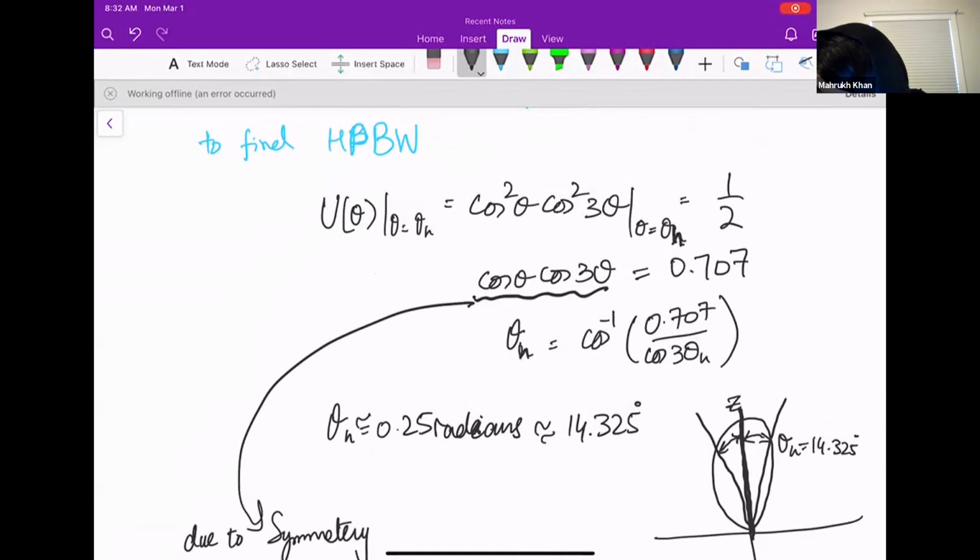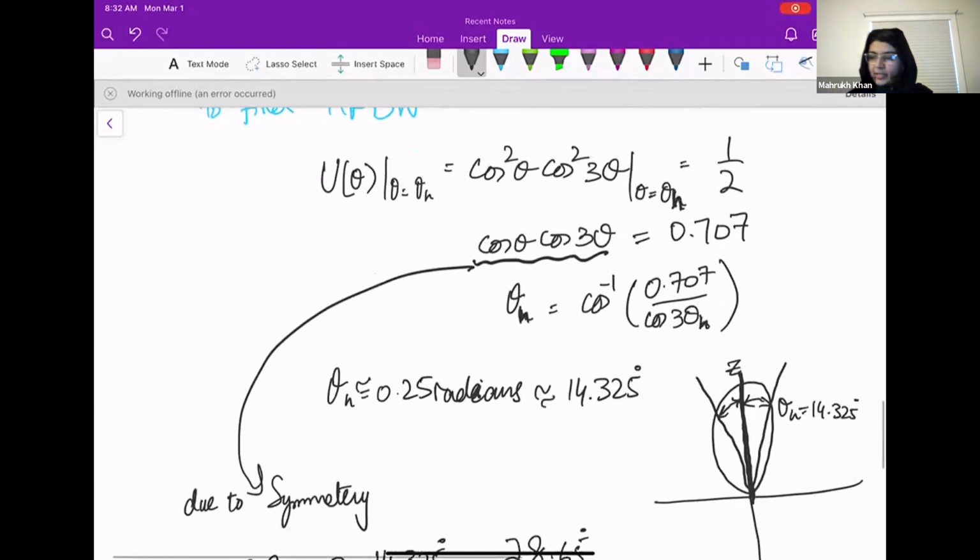And they call this a transcendental equation, so we can only solve it by iterations. You try to figure out at what point you're going to get the 0.707 by multiplying that.